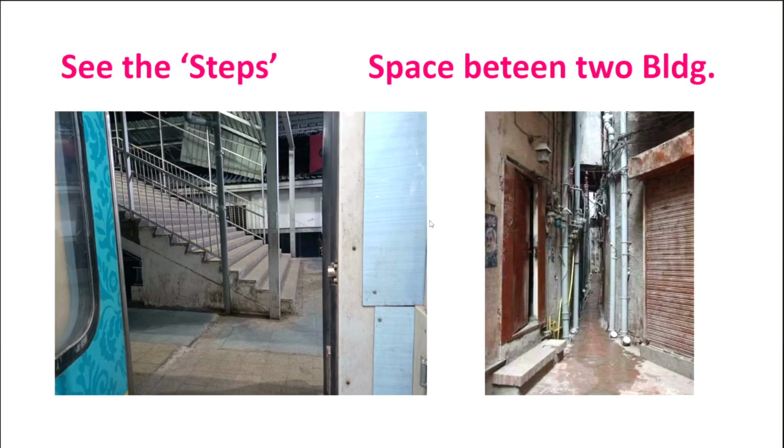Likewise, now see, this is an FOB, foot over bridge. For an FOB, the approach of the staircase, if you look carefully, you can see the risers and the tread. That means some misplanning has gone in.